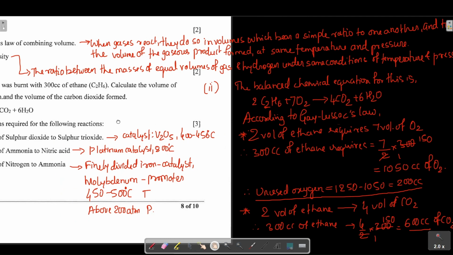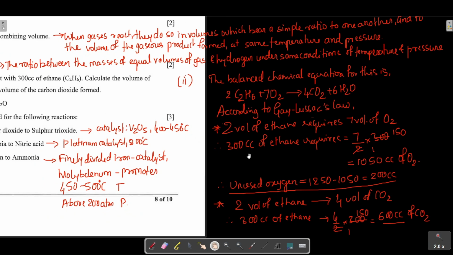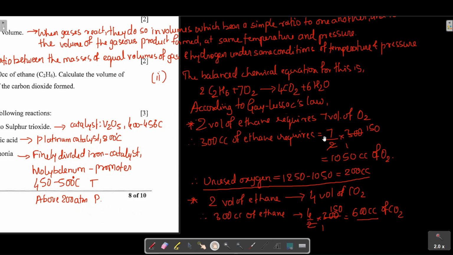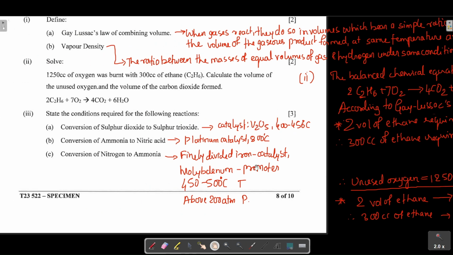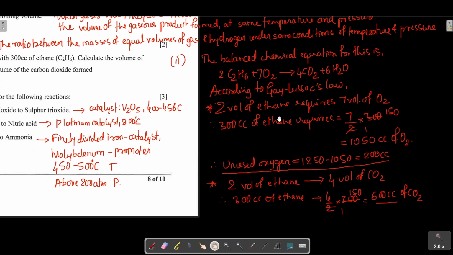Therefore 300 cc of ethane requires how much? When you do it, you will get 1050 cc of oxygen. Overall oxygen is 1250 cc. If you subtract 1050 cc, you will get 200 cc. Therefore unused oxygen is 200 cc.